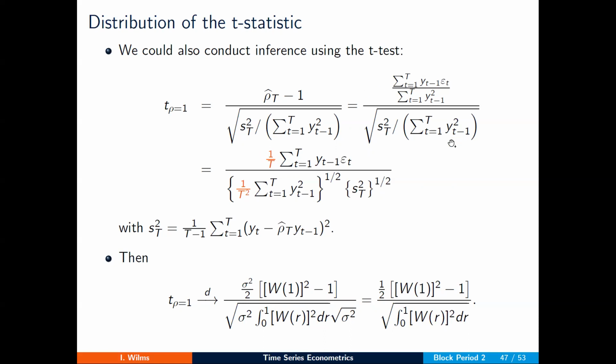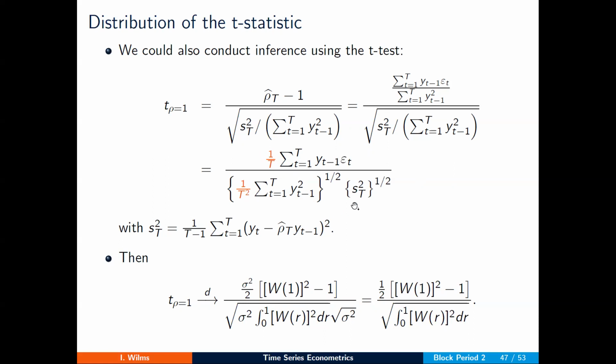Now, if you rearrange the terms a bit, and if you plug in the expression for the sample variance of the residuals, you see that you are actually left with expressions for terms that you recognize from before, whose limiting distributions you also derived already.